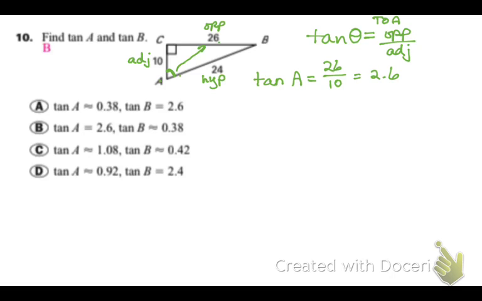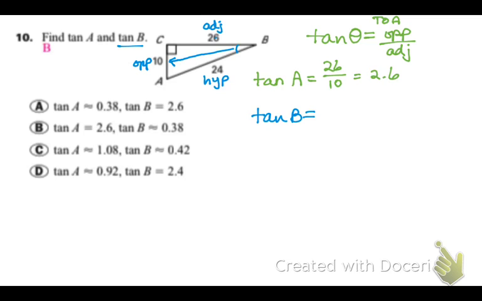Okay, so let's change colors, and I'll erase all this. Now we're going to look at tangent of B, from the perspective of angle B. 24 is still the hypotenuse because it's the longest. 10 is opposite B, so that's the opposite leg. And 26 is next to B, so that's the adjacent leg.